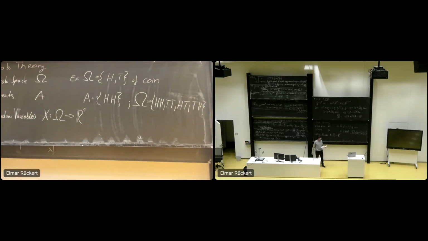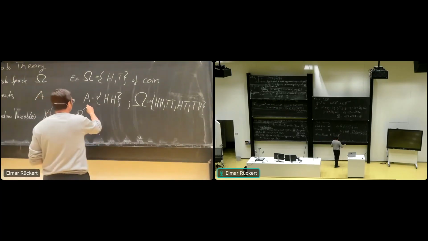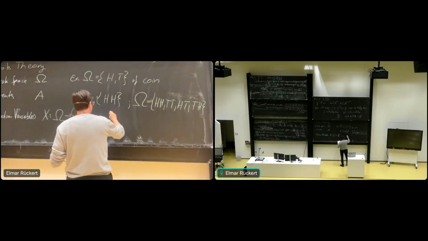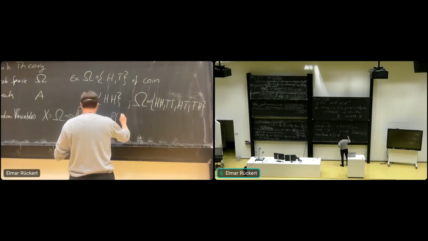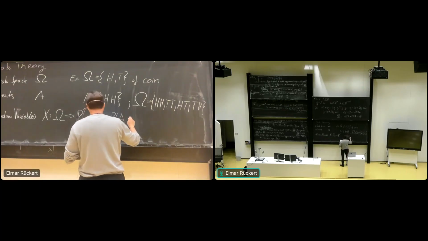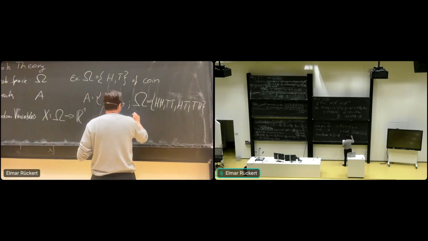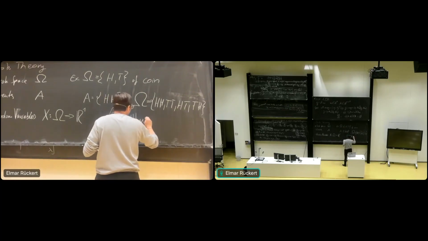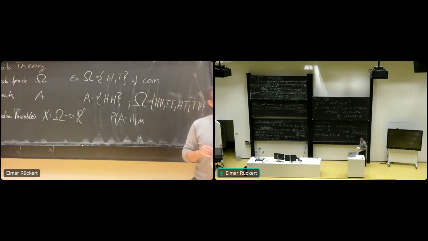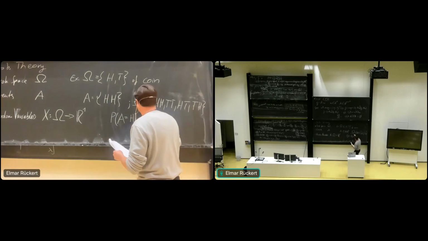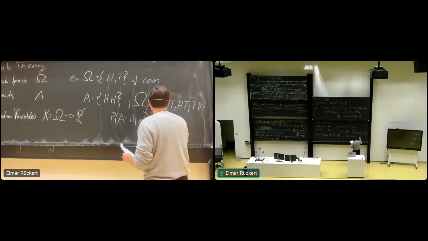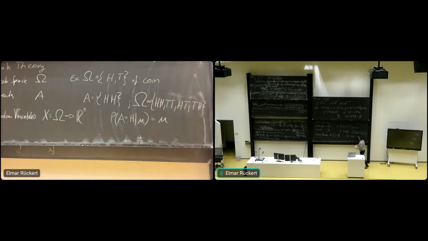That's a random variable. As an example, I have here the probability that our random variable takes the value heads given some parameter mu. Mu is already the model parameter here, is given by mu itself for our coin. And if it's a fair coin, then this probability is 0.5.